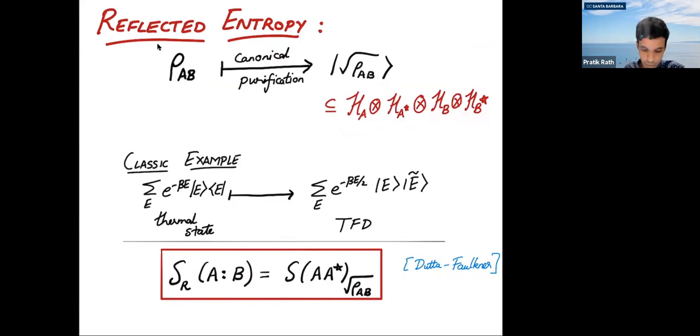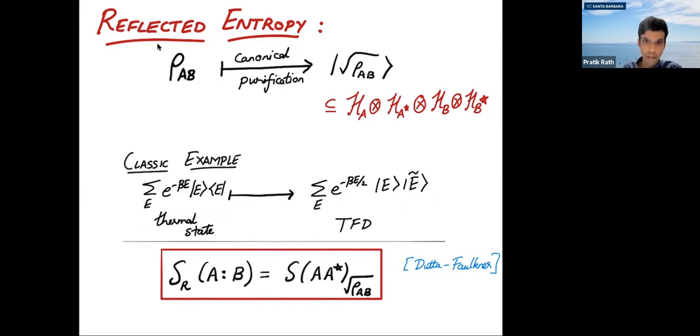This might not be as familiar, but there's a particular example where we do this all the time, which is the thermofield double. The thermal state is a density matrix on some Hilbert space, and a particular purification of it that we like is the thermofield double, which purifies it into a doubled Hilbert space. So the canonical purification in general is just the same procedure, but applied to arbitrary subsystems.